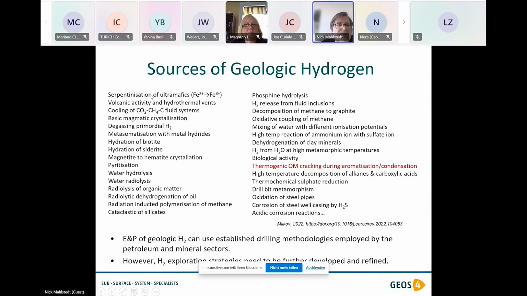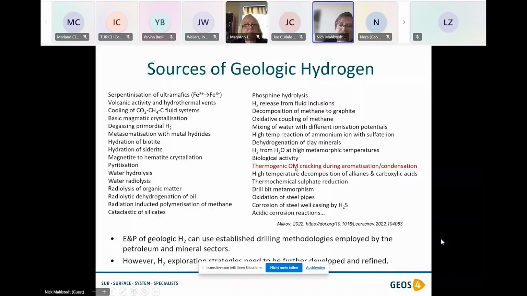So there are numerous abiogenic sources, with serpentinization, hydrothermal vents or radiolysis of water being considered the most important geological processes, leading sometimes to really high prolific hydrogen seepage. For instance, in Mali, almost pure hydrogen has been produced from one well over the last 10 years.